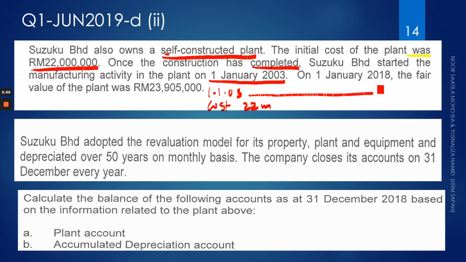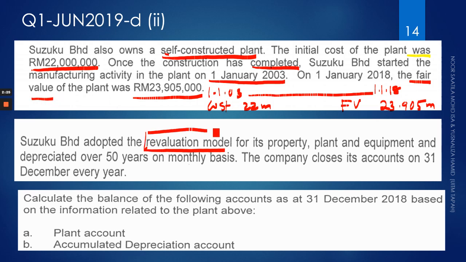And on 1st of January 2018, the fair value of that plant is revalued at 23.905 million. You are informed that they adopt the revaluation model, so fair value will be taken into consideration.